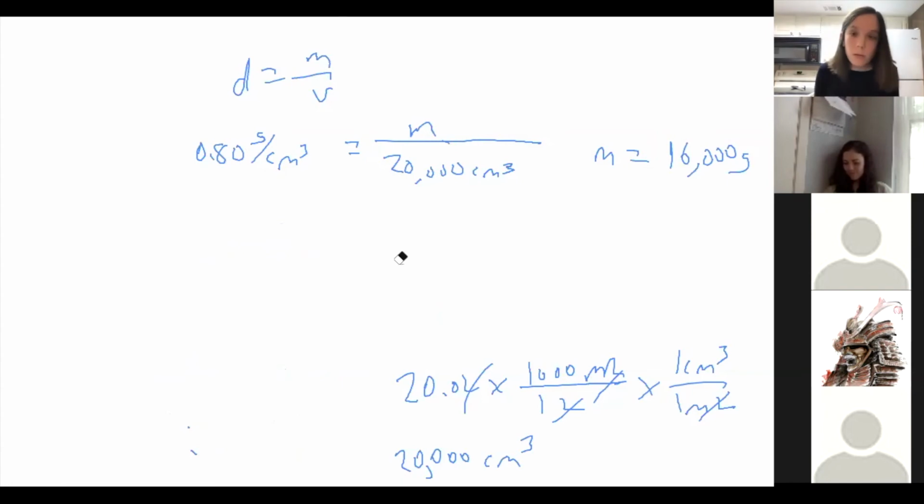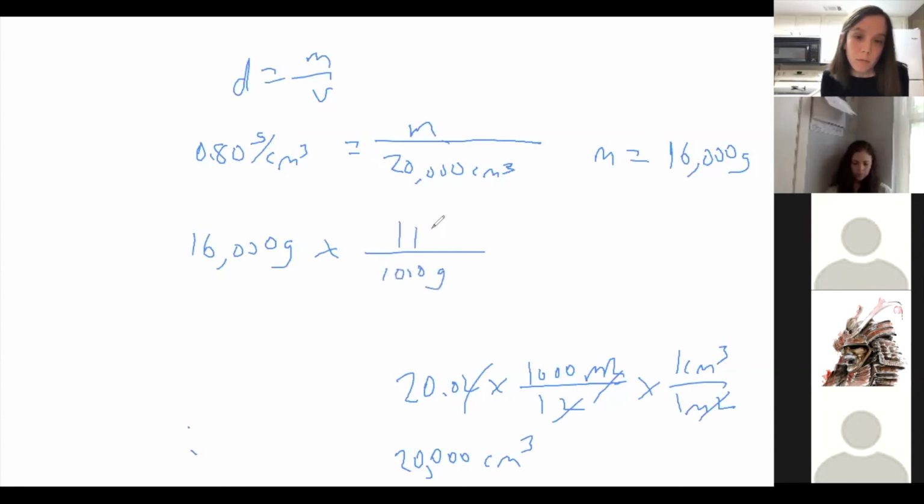Does that have to be in kilograms or can we leave it in grams? Yeah, good, exactly. So it should be in kilograms, yes. So we should convert that to kilograms. Okay, so we get 16 kilograms for the mass of methanol.